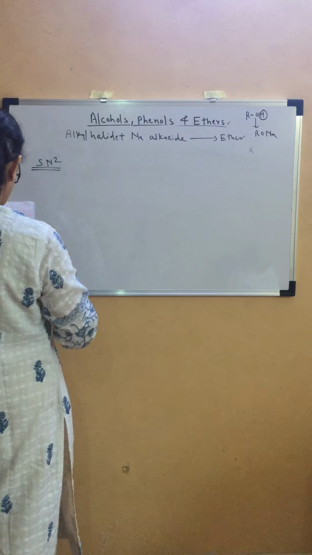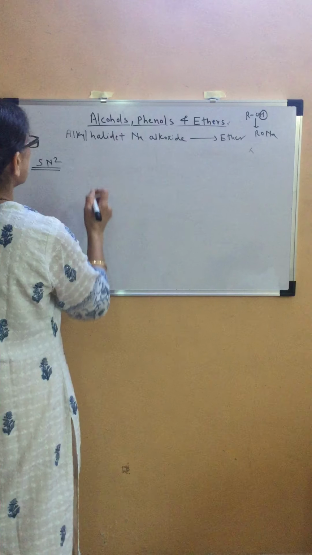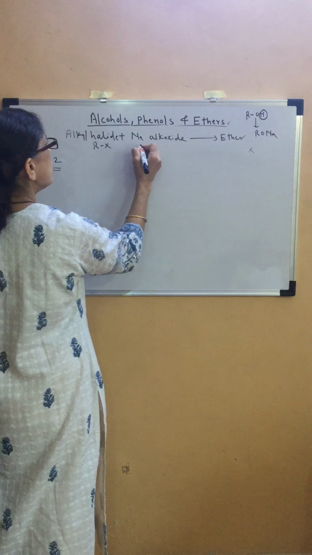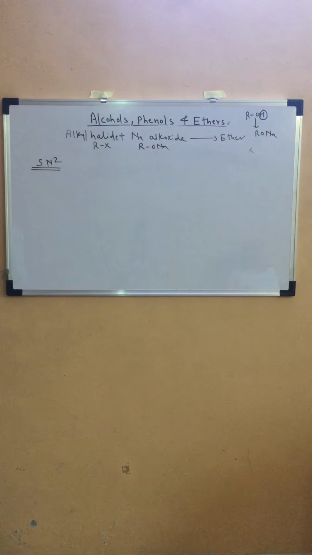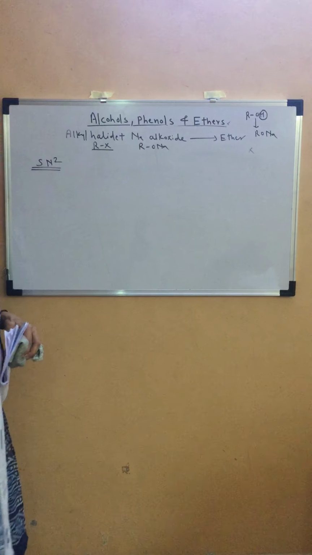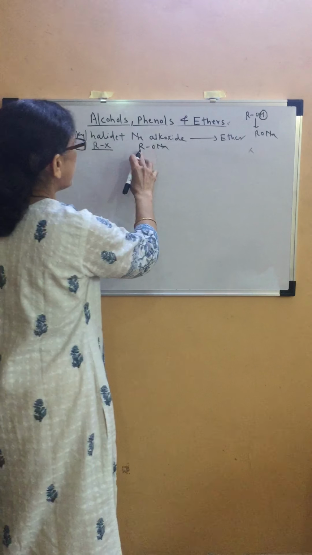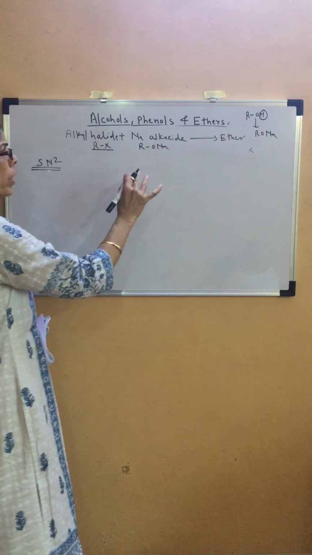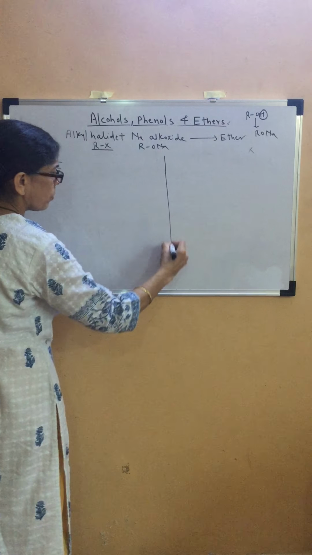Now see, if you have, which are the reactants? Alkyl halide and sodium alkoxide. Okay, so whether we should take primary alkyl halide, secondary alkyl halide or tertiary alkyl halide, or whether we should take primary sodium alkoxide, secondary or tertiary, that we are able to understand in this part.